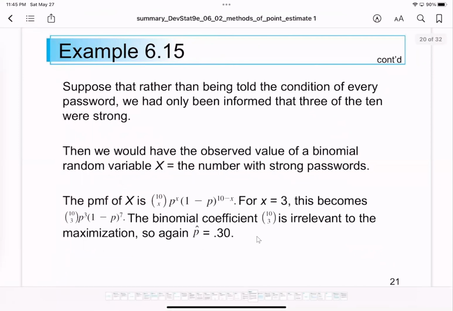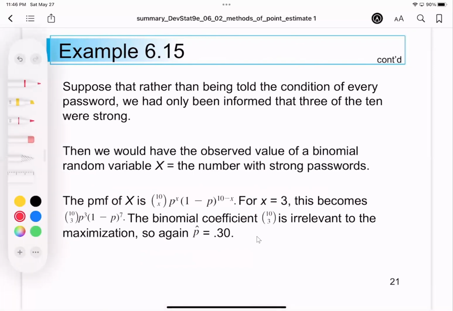So for this particular example, if we actually try to write the exact distribution of observing 3 of the strong passwords out of the 10, rather than knowing specifically x3, x10 give us strong password, in that case, the probability would be using the binomial distribution, 10 choose x times p to the power of x and 1 minus p to the power of 10 minus x.